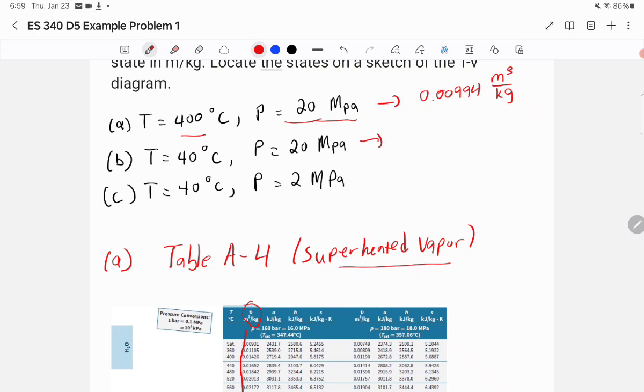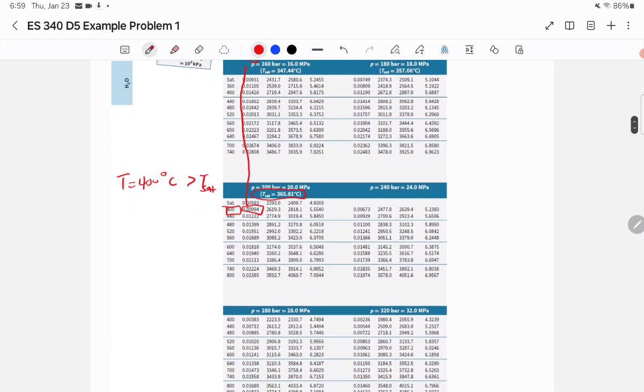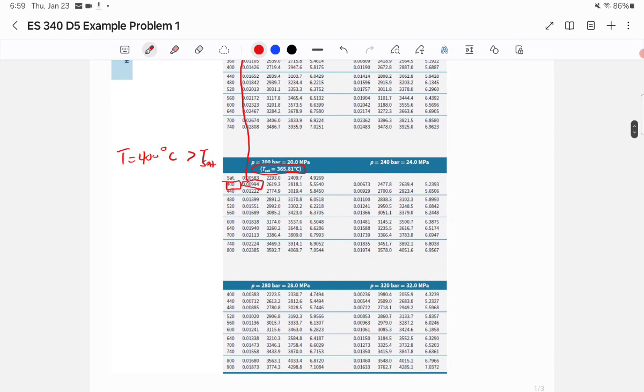We're still at 20 megapascals, but we're at 40 degrees Celsius. Now immediately going back to the superheated table, we know that that's below the saturation temperature. Since it's below the saturation temperature, in fact, it's far below the saturation temperature here, that is probably going to indicate that it's likely in the compressed region, right?